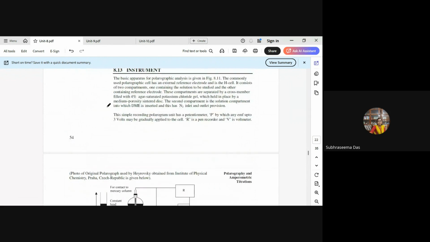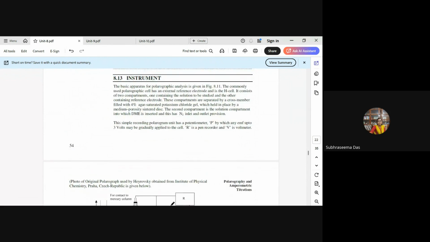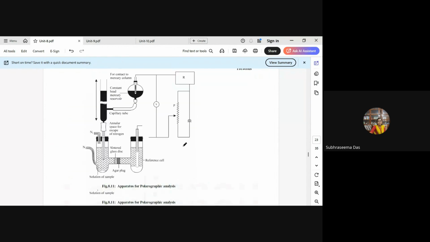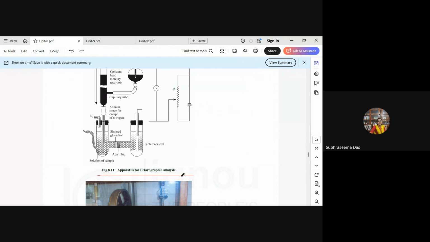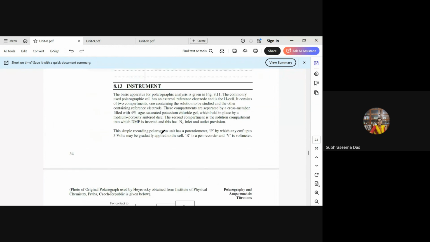Now coming to the instrumentation of polarography. So the basic apparatus for a polarographic instrument has been shown here in figure 8.11. The commonly used polarographic cell has an external reference electrode, and it is the hydrogen cell.